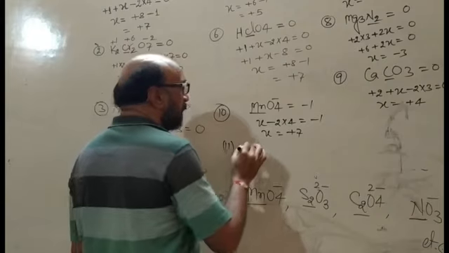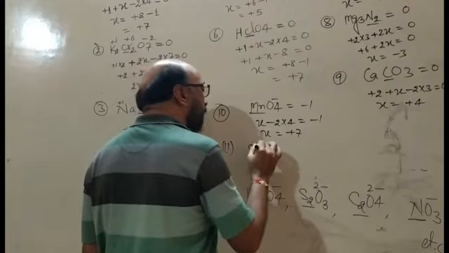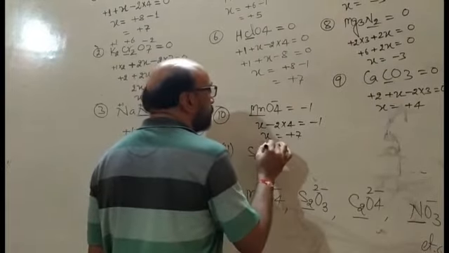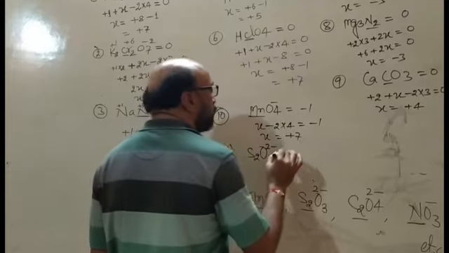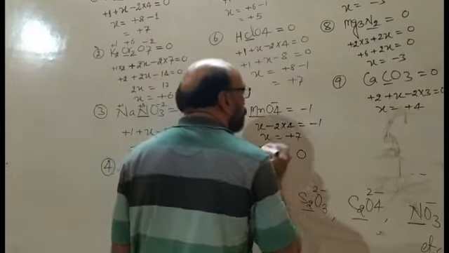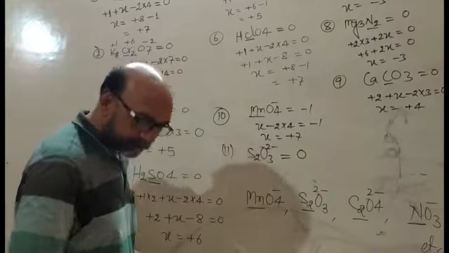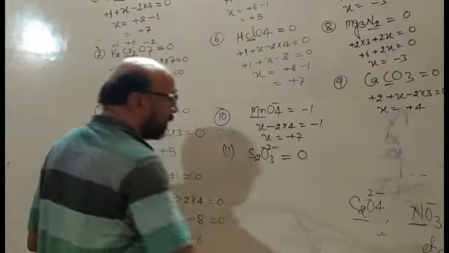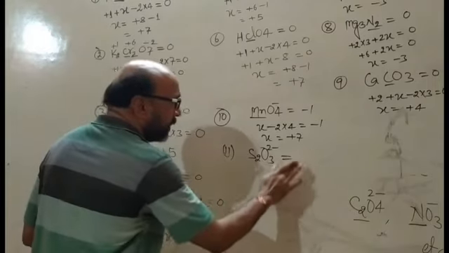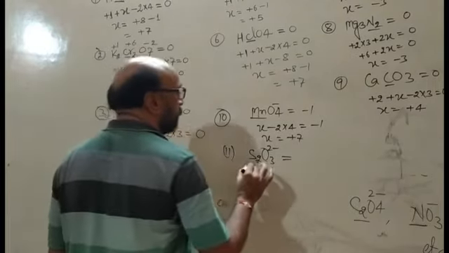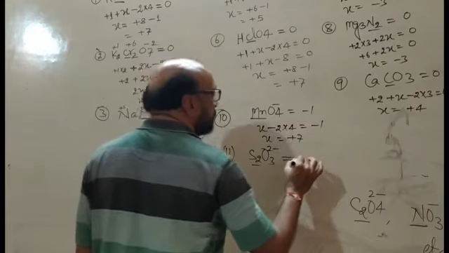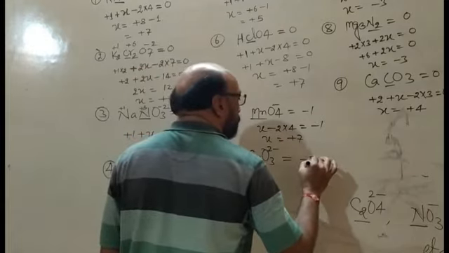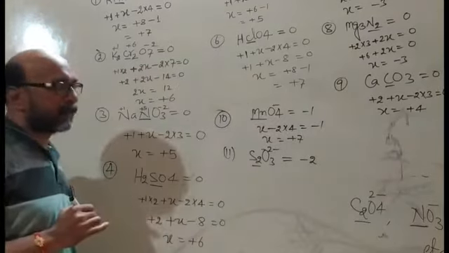The next ion is thiosulfate ion. S2O3 2 minus is called thiosulfate ion. In thiosulfate ion, we have to calculate the oxidation state of sulfur, and the charge present on thiosulfate ion is minus 2.